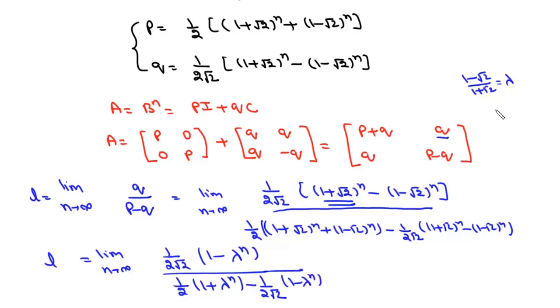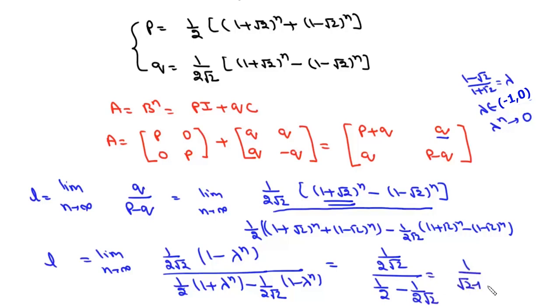Now this lambda lies between 0 and 1, so lambda to the power n, as n tends to infinity, will be simply 0. So the value of this limit will be 1 upon 2 root 2 upon 1 by 2 minus 1 upon 2 root 2, which is 1 upon root 2 minus 1. And if we rationalize, we can write this as root 2 plus 1.